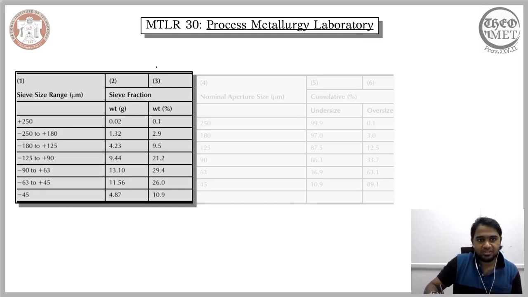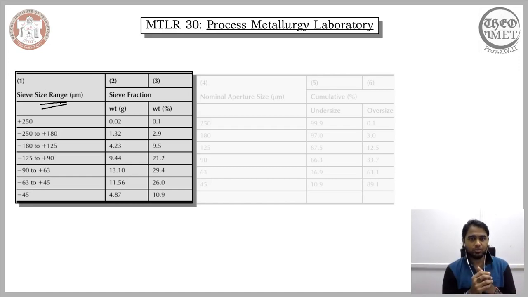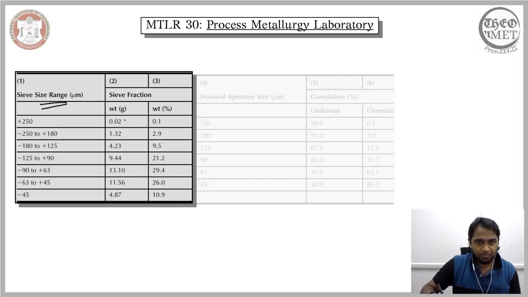One way is you consider the size range of the sieve. So initially you have a sieve of size 250 micrometers, and all the particles that are above this particular size, we weigh them, and you calculate the percentage of it.